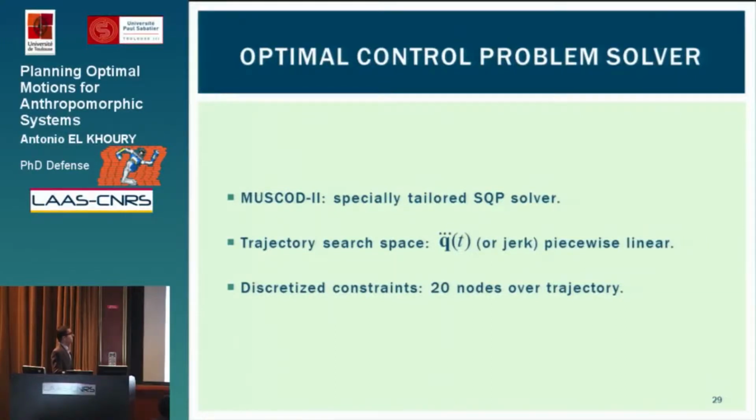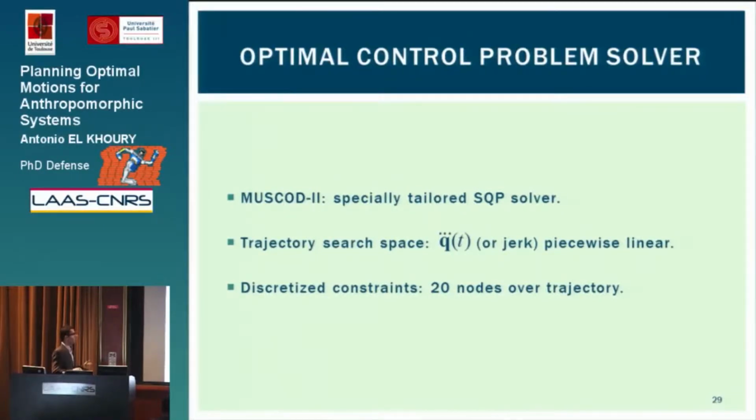Now, in order to rely on SQP methods, we cannot simply say that we want to find a function that minimizes a certain objective function, because the space of possible functions is infinite dimensional.